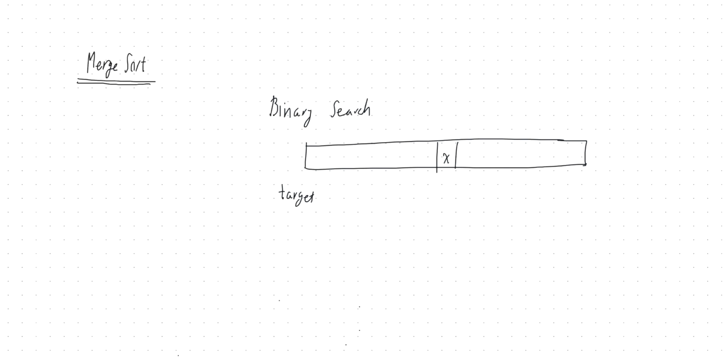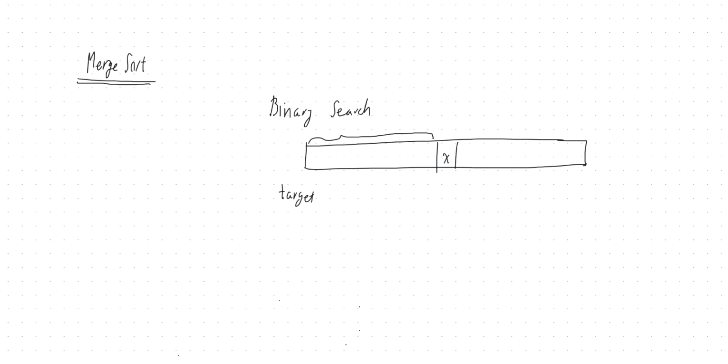If it's less than x, because we assume that the array is sorted, we only need to search the first half of the array, right? So immediately you see that we divided the array of size n into a smaller array of size n over 2, and we are doing our search on that half. So divide and conquer.